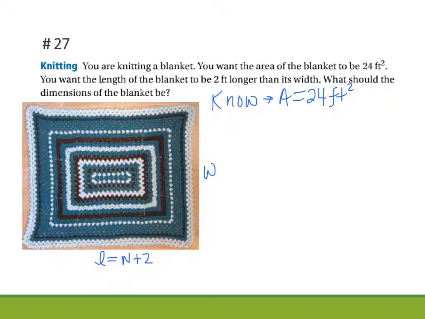So the length here is equal to W plus 2. Now, do you see that equation there written into the problem? So that's something that I know. I know that the length is equal to the width plus 2. We want to find out the dimensions of the blanket.